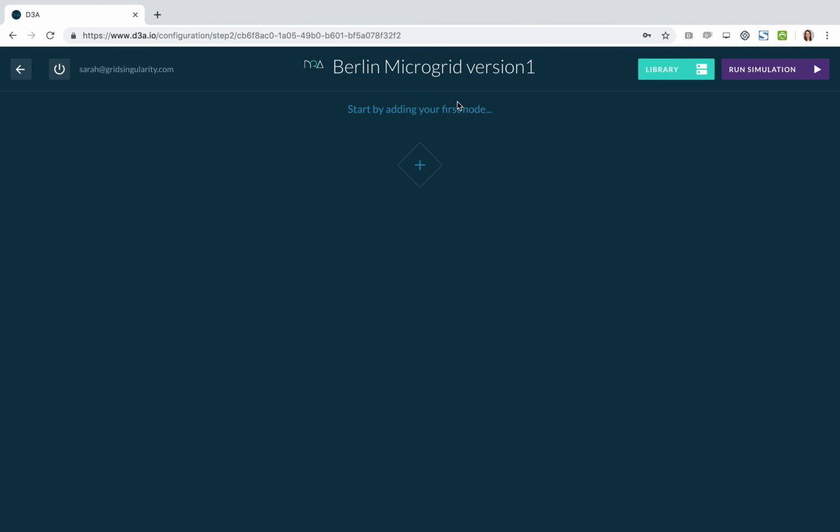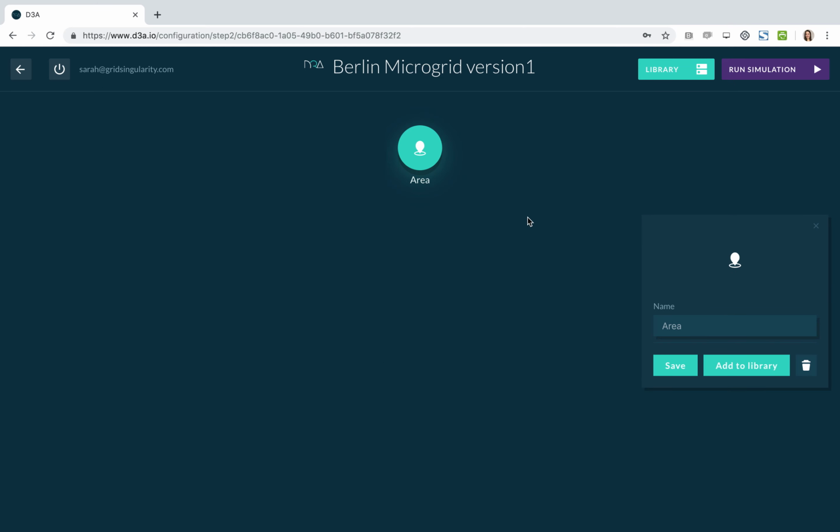And then when you start building your simulation, you start with this blank slate, and you can add 2 different types of devices. So you can add areas, and then you can also add devices. So for the D3A, an area means a market. So there's a spot market for every area that you configure. And then inside the area, you can put as many devices as you want or other areas.